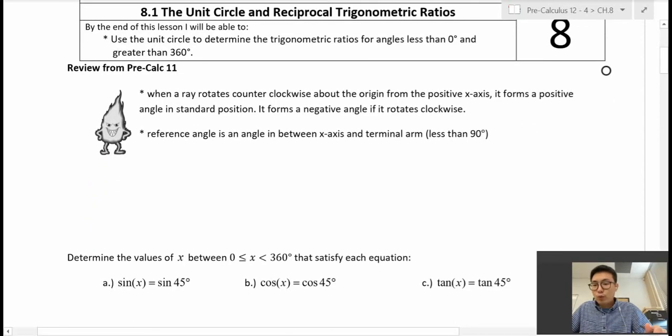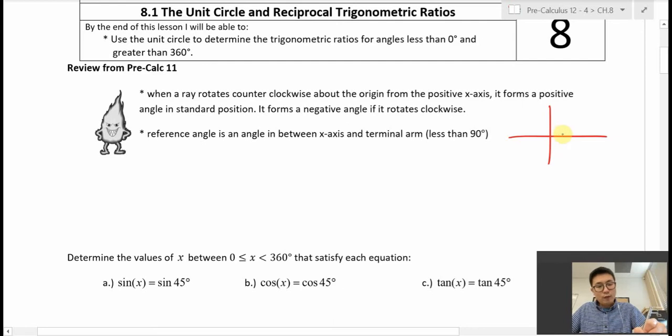It says when a ray rotates counterclockwise about the origin from the positive x-axis, it forms a positive angle in standard position. It forms a negative angle if it rotates clockwise. Here are my axes, x and y axis.